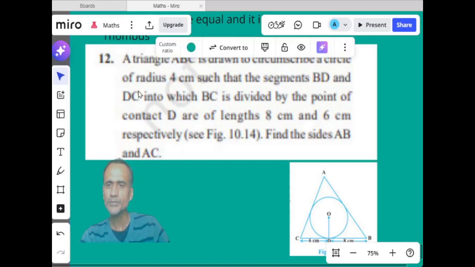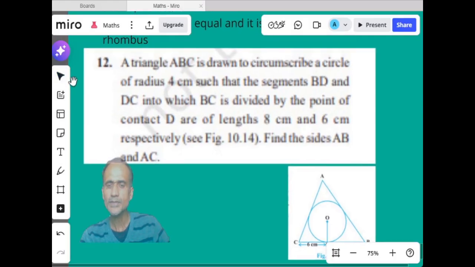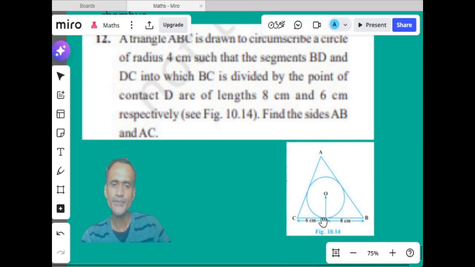So in question number 12, unlike other questions where we were given more than one piece of information, in this question we are given only the information that the triangle circumscribes a circle, and we are given one side of the triangle.